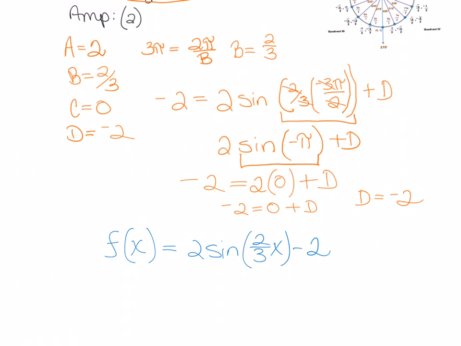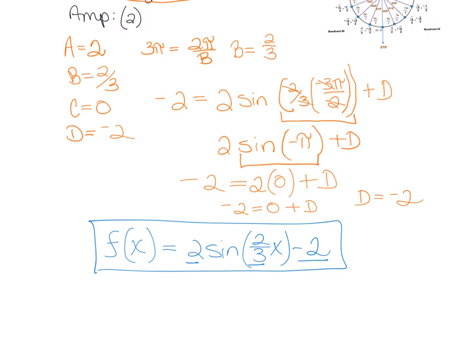You guys can probably tell I moved outside because the cars and the birds are all going by here. And there we go. So I've filled in A, B, and D. I don't need to fill in my C because I used 0.